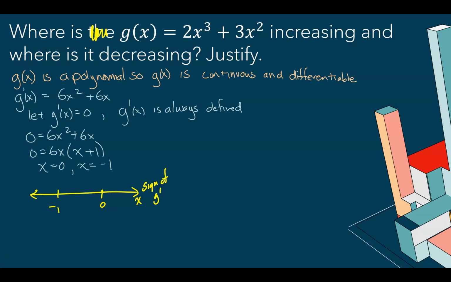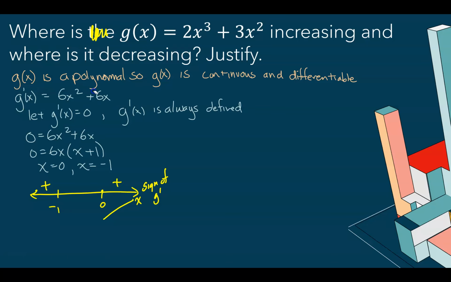So up here, I'm going to substitute a number greater than 0. Most people will say 1, but I'll say 1,000,000, because 6 times 1,000,000 squared plus 6 million is very obviously positive. And so g increases from 0 to infinity. Likewise, choose a number less than negative 1. You might as well go for it: negative 1,000,000. 6 times negative 1,000,000 squared is going to be positive and overpower 6 times negative 1,000,000.